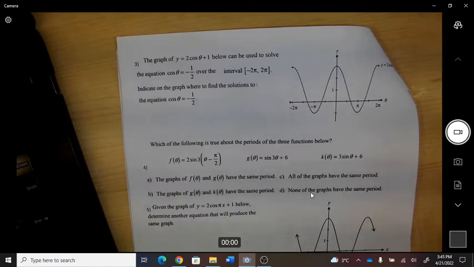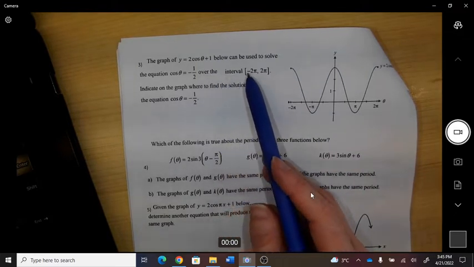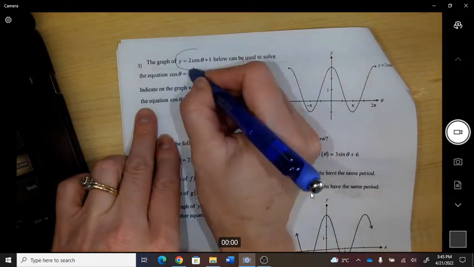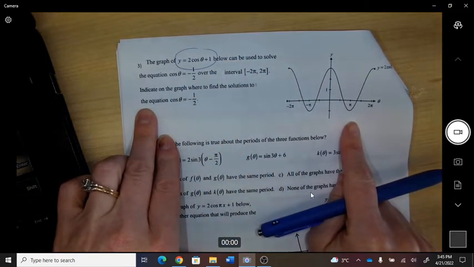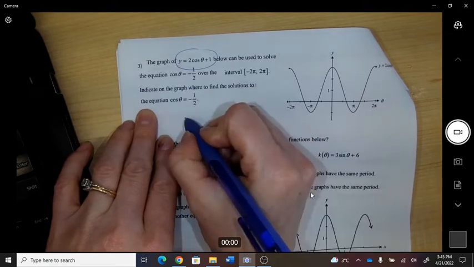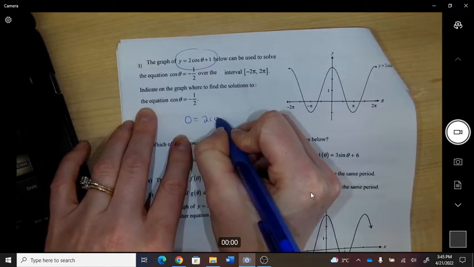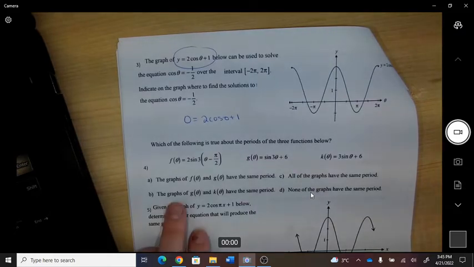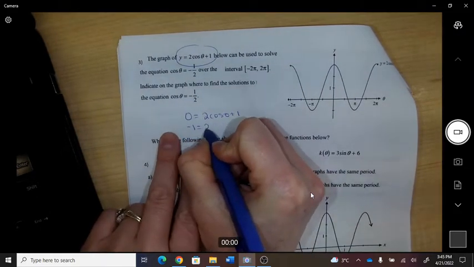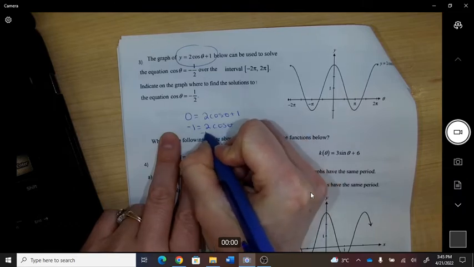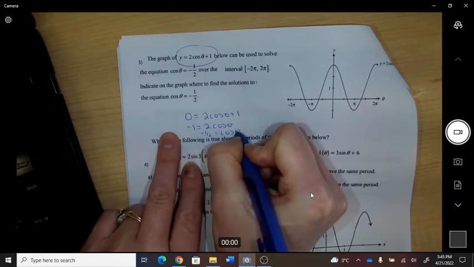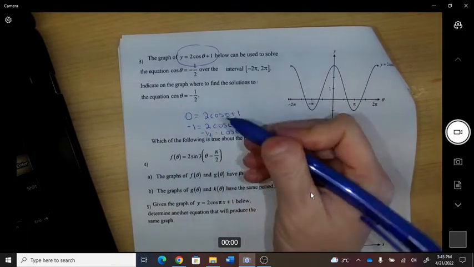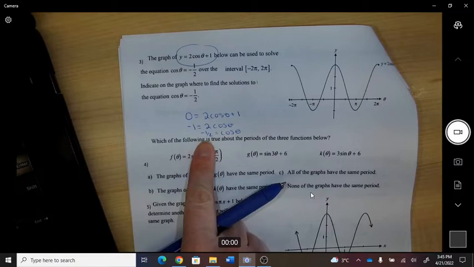So do you notice that's graphed there, and if we do 0 equals for y, then I solve, and now where this graph equals 0 will also be the same as where cos is -1/2.